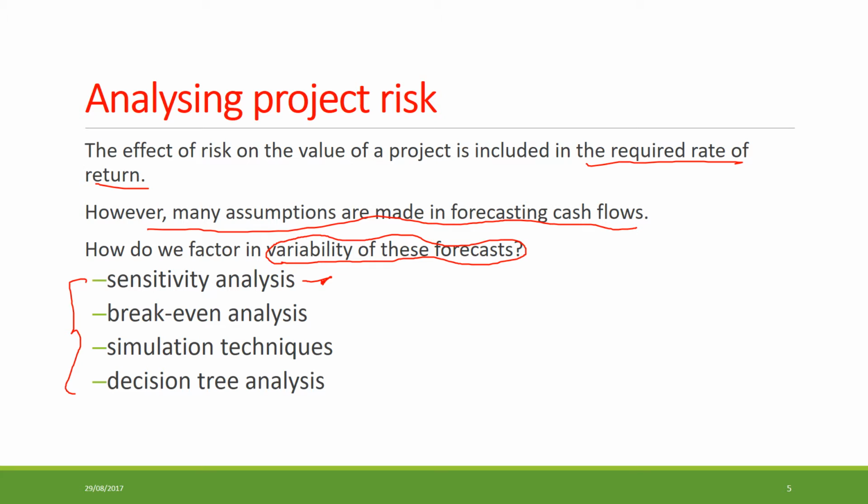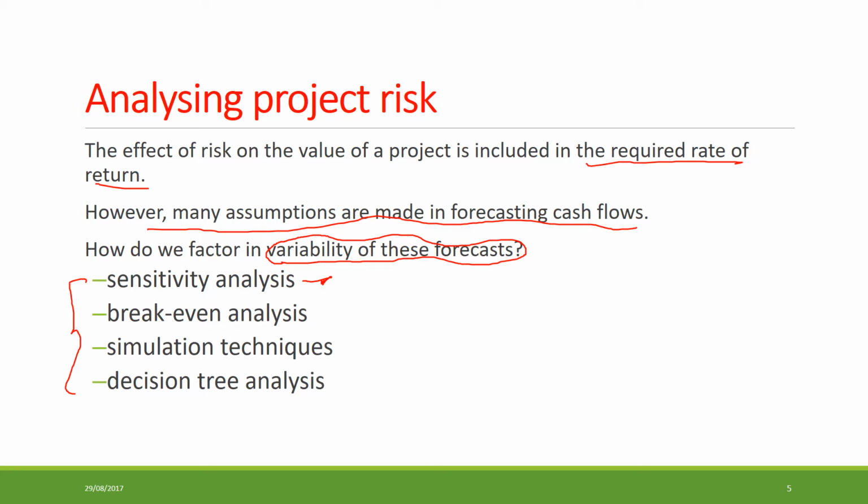Simulation techniques are a bit more complex in that it generates a lot of data points, so that we have a robust distribution of all the possible future NPVs. Decision trees is when we look at the probability, so we do a probability analysis.